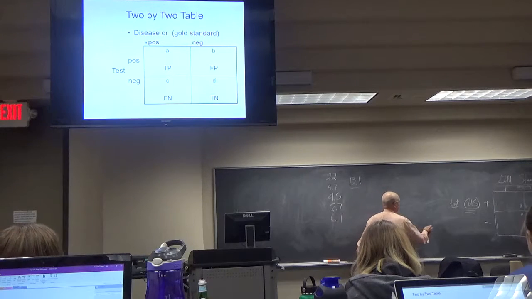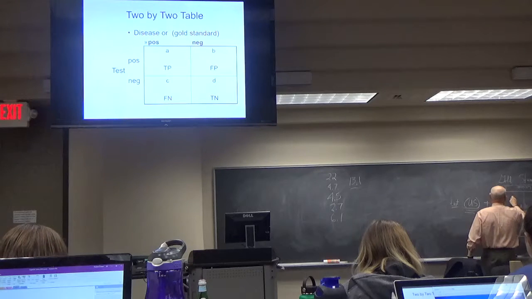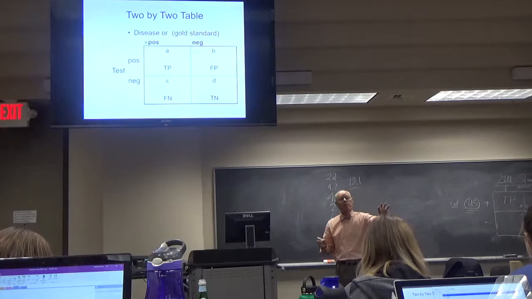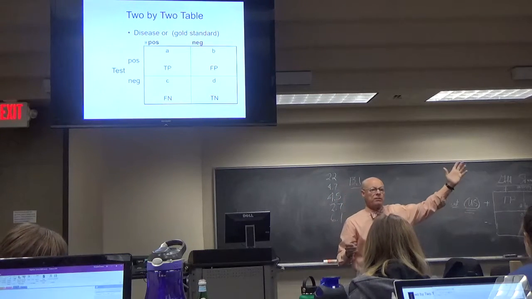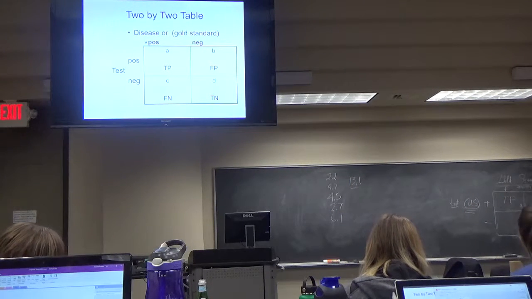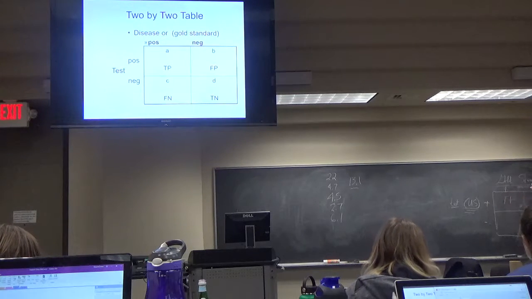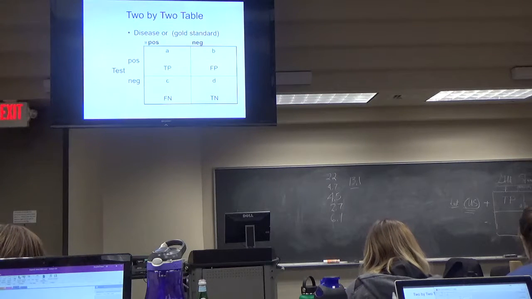So if the test we're looking at is positive and the gold standard is positive, that's a true positive. Now we're talking from the perspective of the ultrasound. The ultrasound's positive, the venogram's positive, that's a true positive. If the ultrasound is positive, but the venogram is negative, it's a false positive, because the test was positive, but the disease wasn't present.